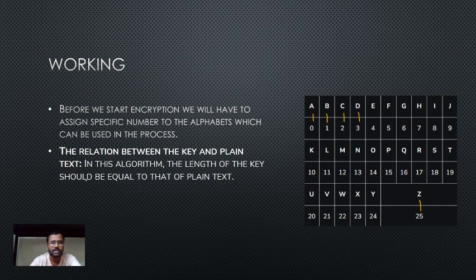The relation between the key and plaintext: in this algorithm, the length of the key should be equal to that of the plaintext. We are going to consider the plaintext and key. The length of both the plaintext and key should be equal.